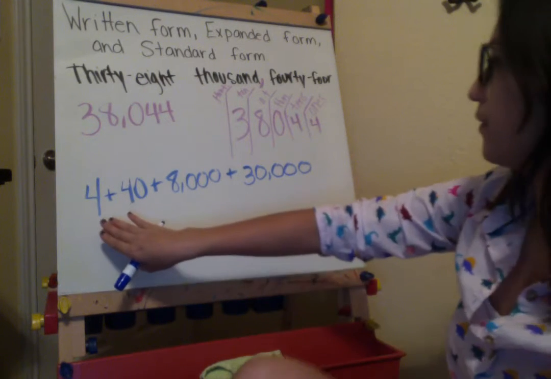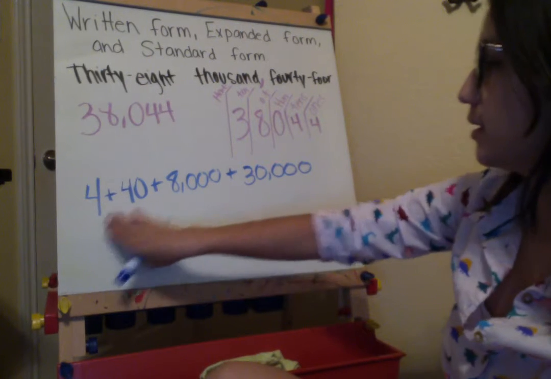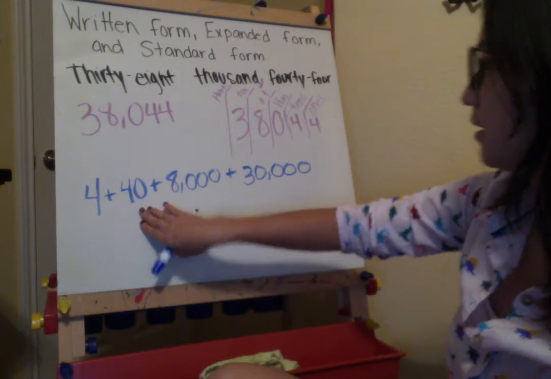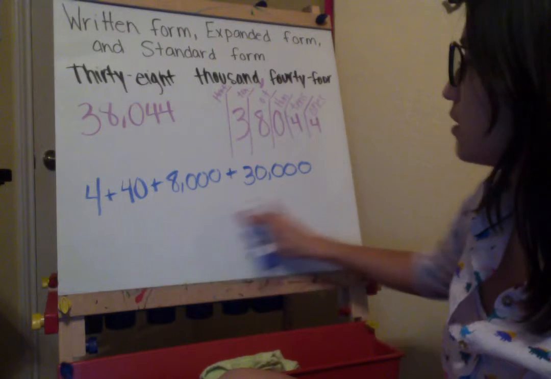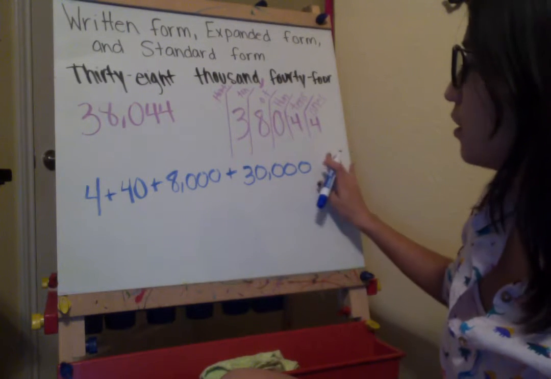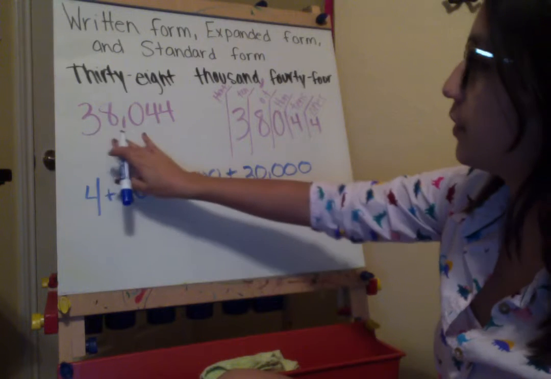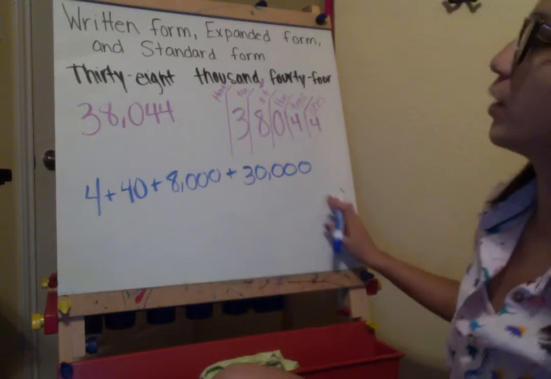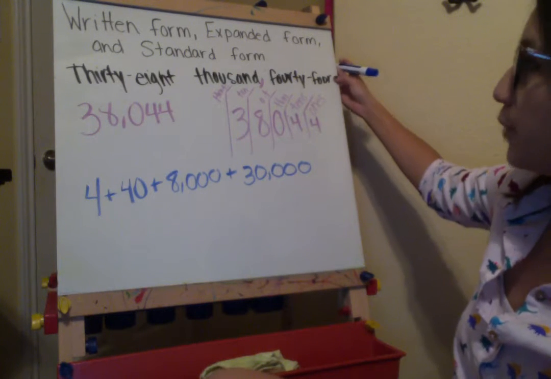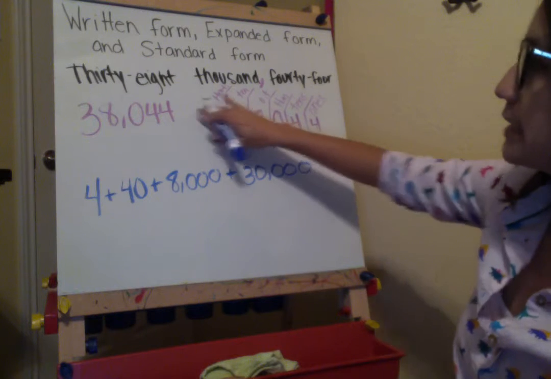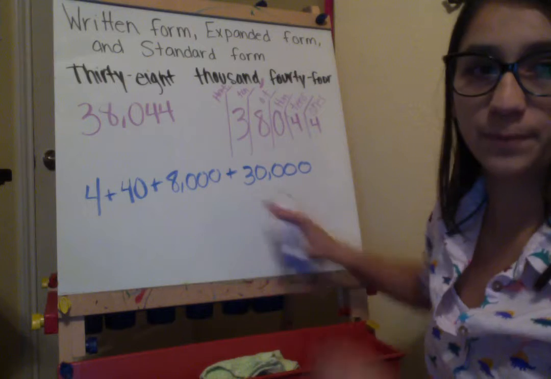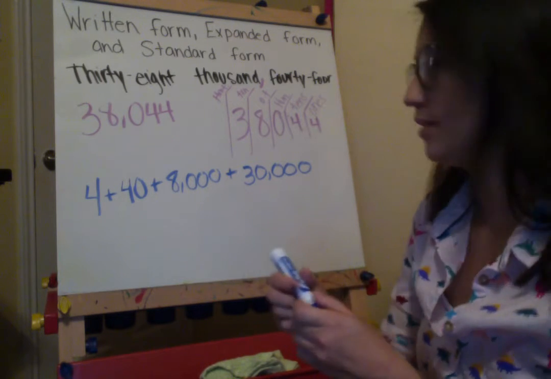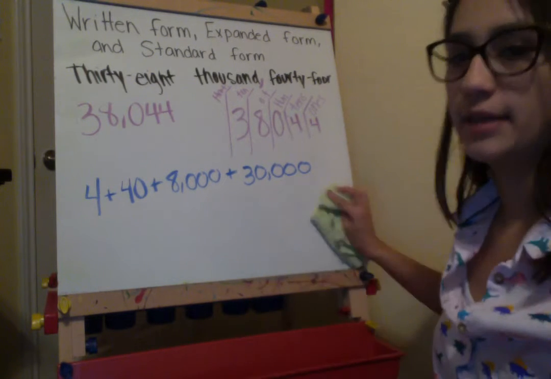So we have our ones, our tens, our 1,000s, and our 10,000s. And when this is all added together, this also equals out to 38,044. So we have our written form, our standard form, and our expanded form. Okay? Now let's try our next number.